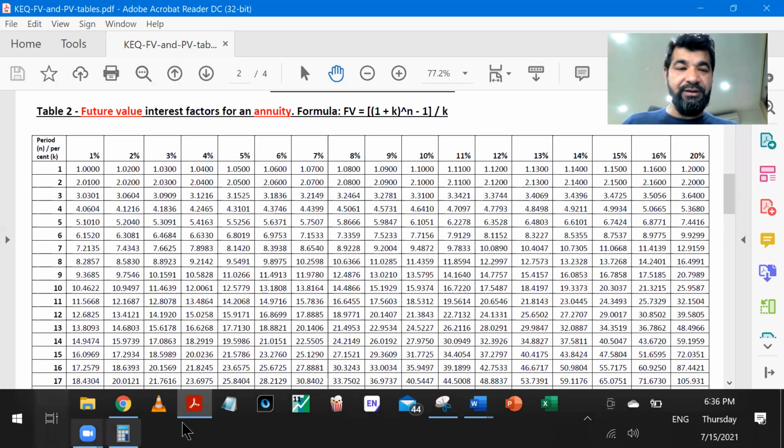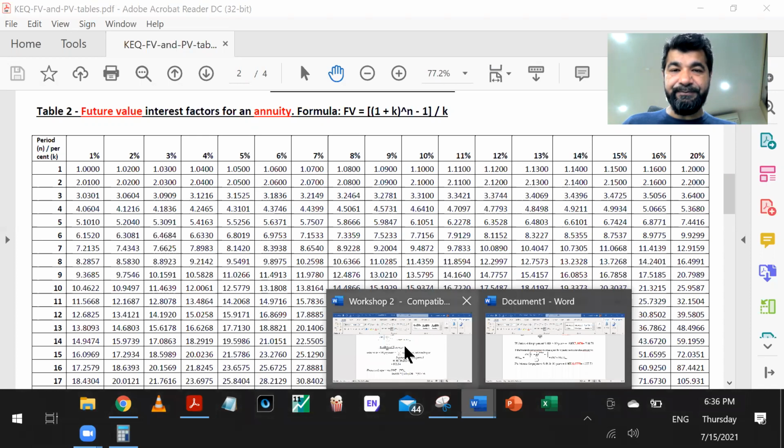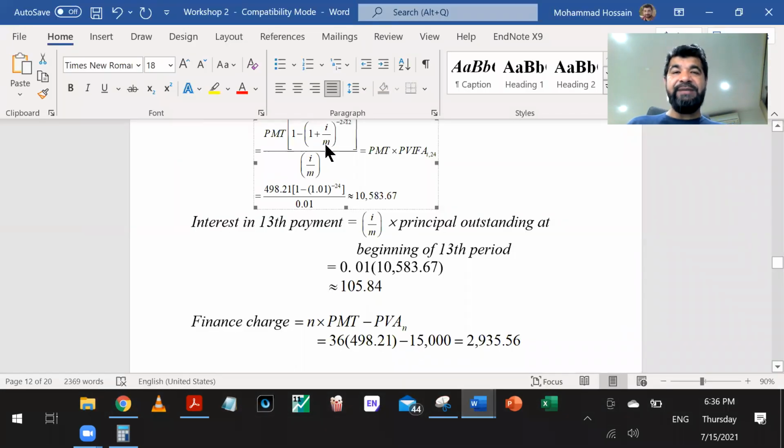So if you go in here, look, I divided by M. I is 12%, M is 12. So 12% by 12 is 1% actually. Look here, 0.01.